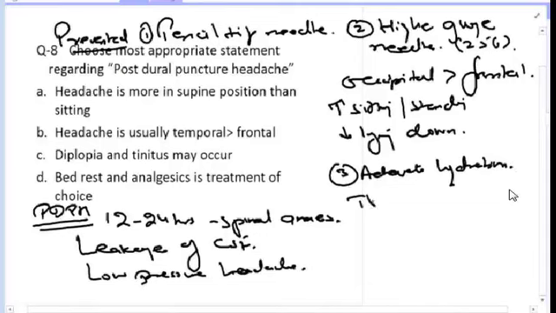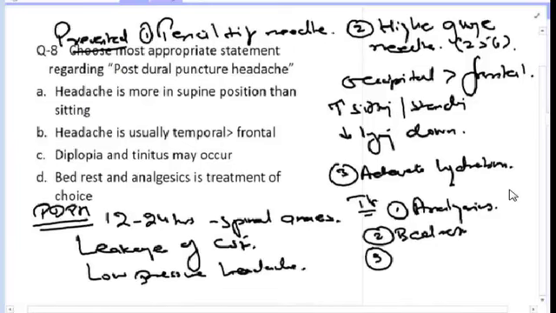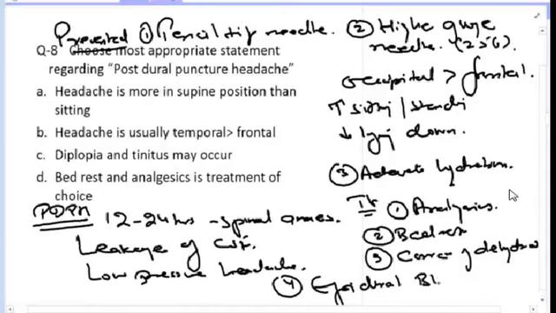Now, treatment consists of analgesics, bed rest, correction of dehydration, and the most definitive treatment is epidural blood patch.